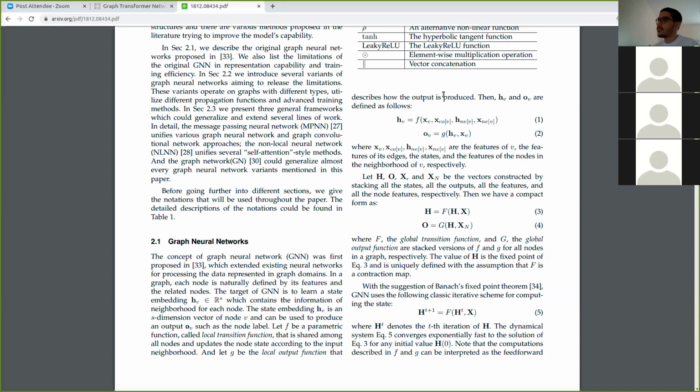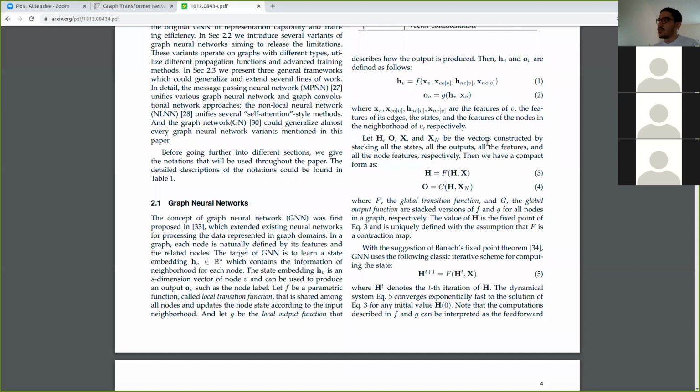Okay, so for ease of notation, these vector representations for each node can be stacked, and the result is a global transition function here and a global output function.